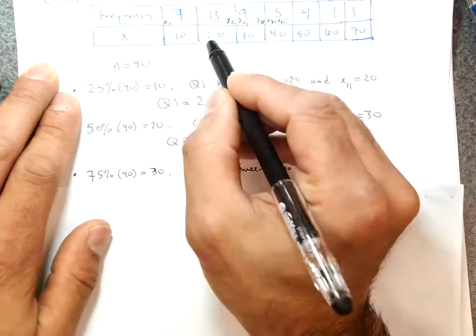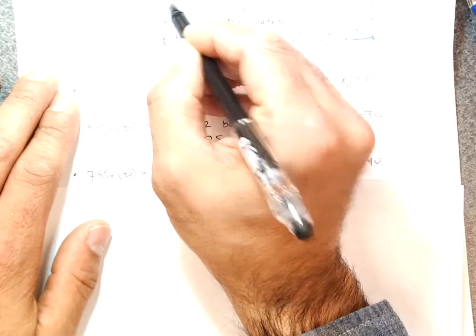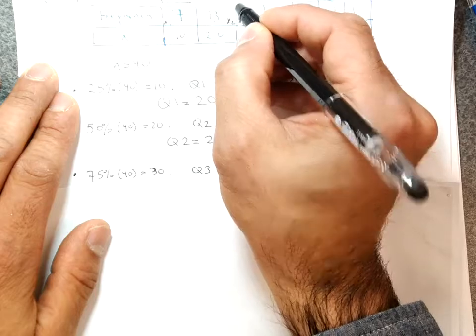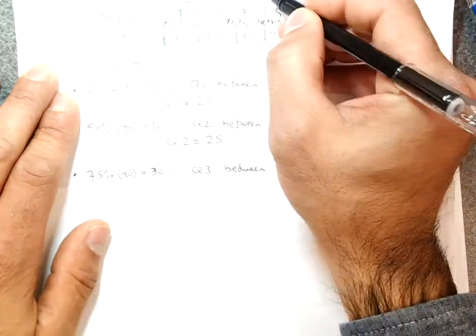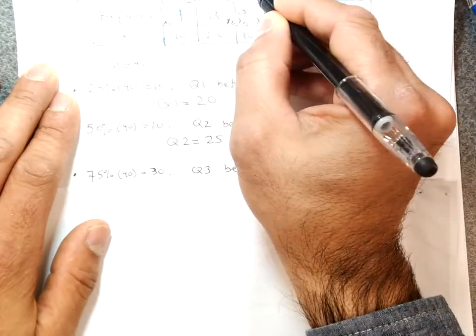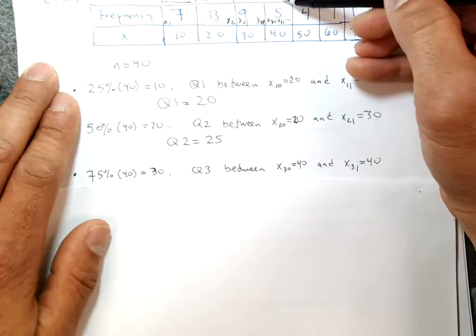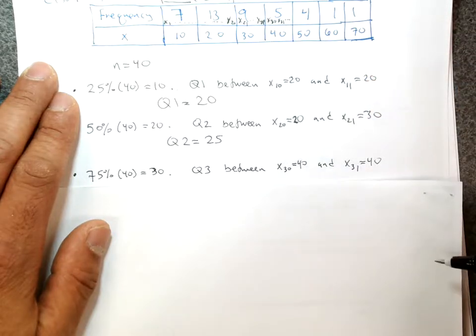Let me draw a slightly different picture if this is a little unclear. If I go from here to here, I have 20 individuals. If I go from here to here, I have 29 individuals. That means my 30th individual is in this value here, at 40, and also the 31st individual.